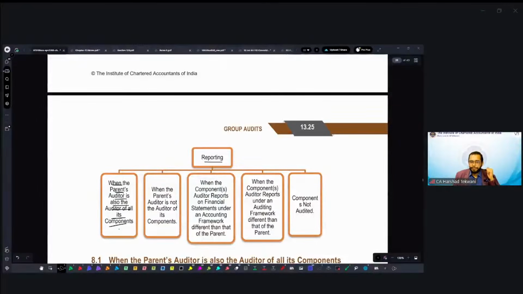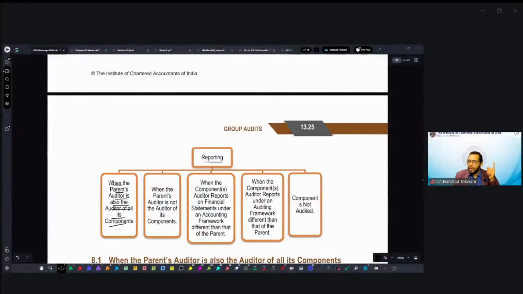Very good, Kanaya. Are you required to provide the other matter paragraph? Very important question.